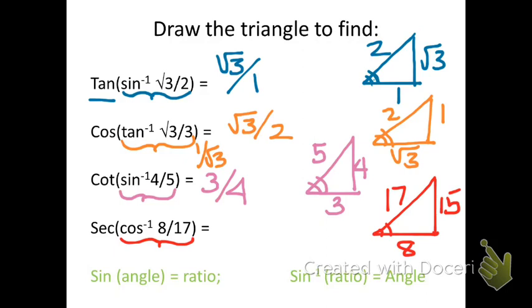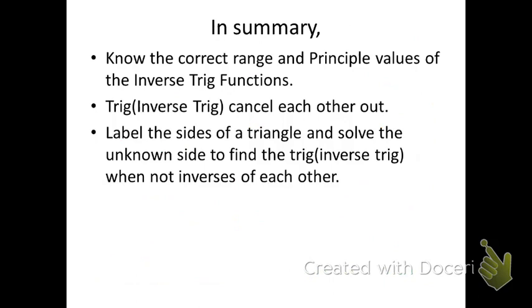So the secant of that triangle will just be the reciprocal of this, hypotenuse over adjacent. So if you see that you have the reciprocal functions, you can just take the reciprocal of that ratio. Kind of makes sense.